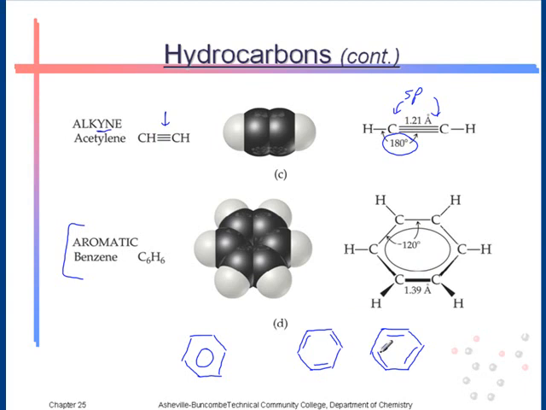Again, if you see one of these in any kind of structure, you need to know that that is an aromatic compound. And just briefly, the way this is drawn, it's implying there's an alternation of the double and single bonds around the ring structure.